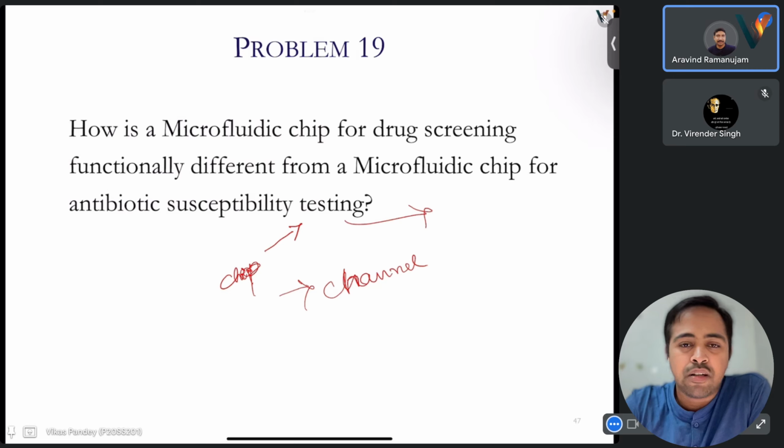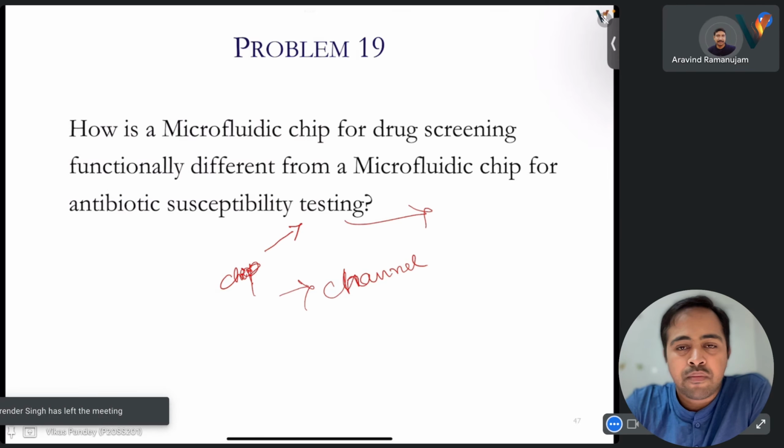Is there just some structural difference or not? Yes, sir, the structural differences will be there. There is a large tube for flowing the media, and the second is a short tube where the cancerous tissues will be placed.